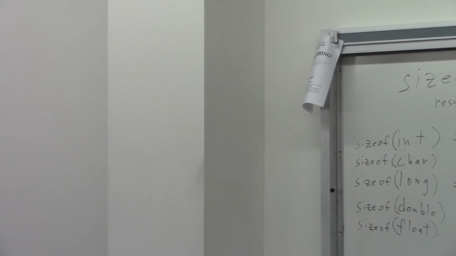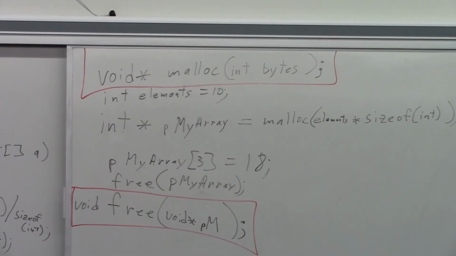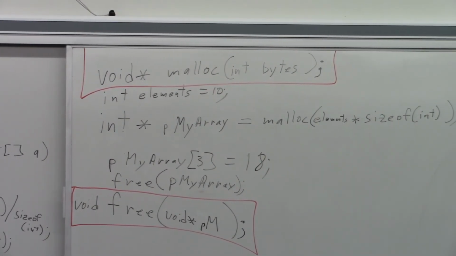It is saying void pointer. I just gave it a name m. It takes a pointer and it operates on that memory and you give it back to the system for somebody else to use at some point. It has to say, here's the memory I'm giving you back, and it has to give a reference to that memory. That's what that parameter is.